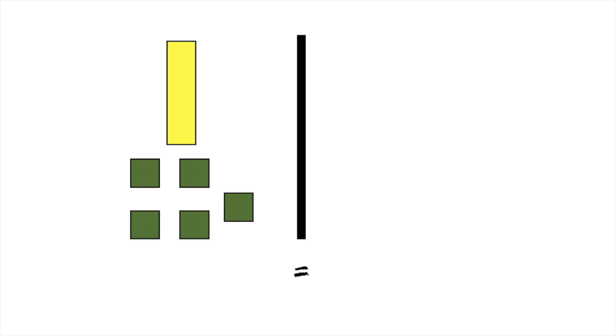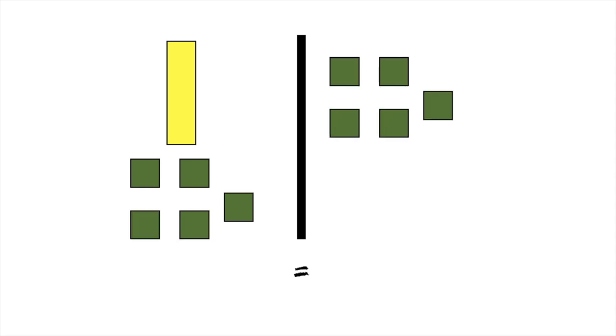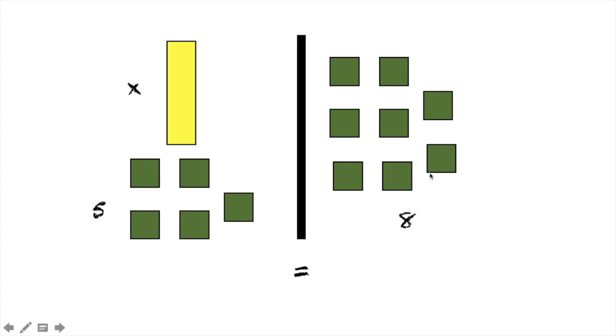Let's take another equation. We have an X, and then it will be accompanied by 5 units. And on the other side, we will have 8 units. How can we represent that in our writing?